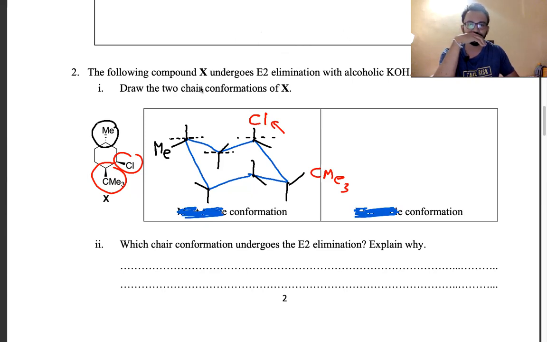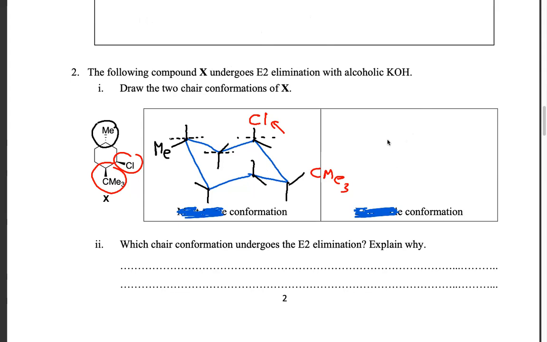Now I have to draw the other structure for this. A chair conformation always has two structures. Drawing the first one is quite easy, but drawing the second structure is quite difficult, though not a big deal. Now, how I started for the first one was like this.